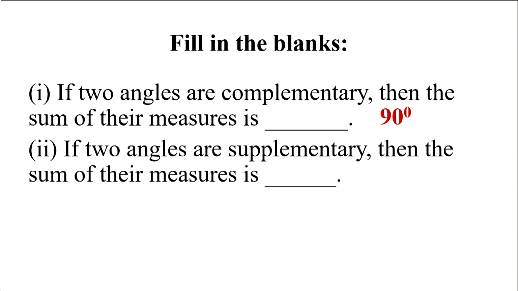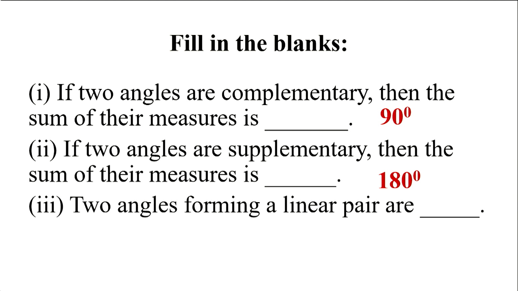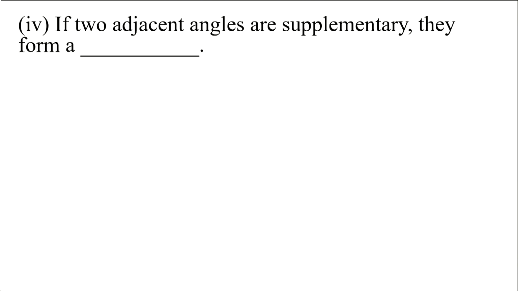If two angles are supplementary, then the sum of their measure is, what is the sum of the measure of supplementary angles? You are exactly correct, it is 180 degree. Now, come to the third question. Two angles forming a linear pair are, what is the name can be given to the linear pair? You are exactly correct, they are supplementary angles.